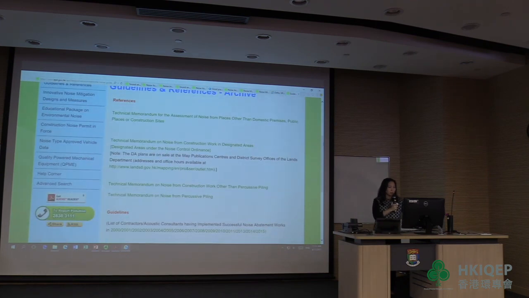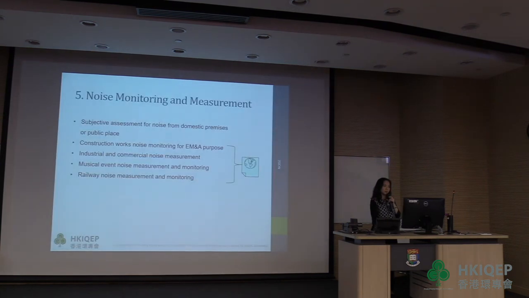And also, you could make reference to some of the EIA reports or the environmental monitoring and audit reports on the website for the Environmental Impact Assessment Ordinance, because there's some detailed methodology and techniques included there.